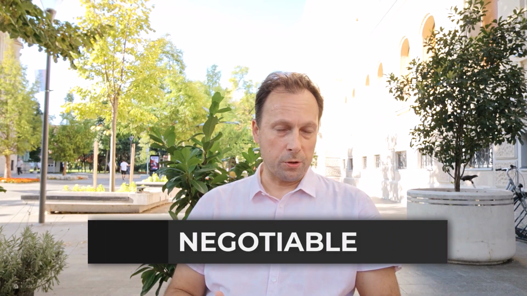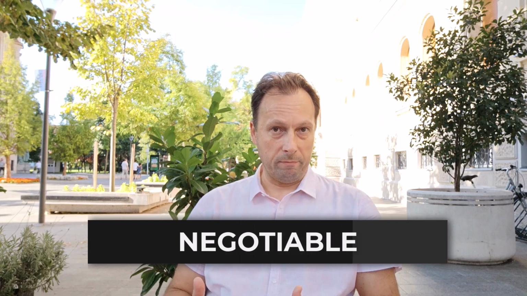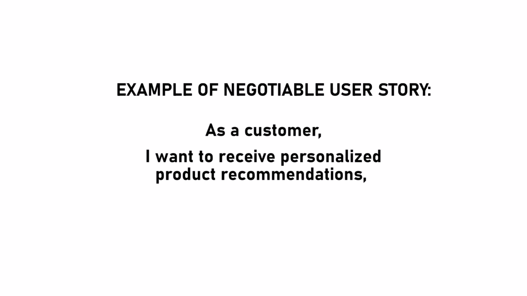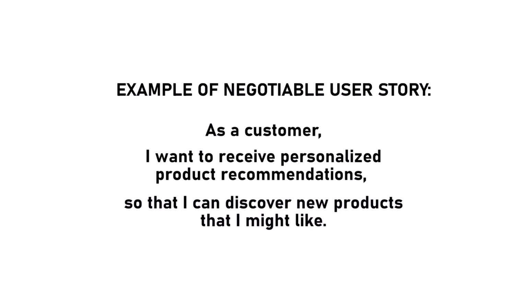Next is negotiable. Negotiable user stories are open to discussion and can be modified as needed. This flexibility allows for collaboration between stakeholders and helps ensure that the final product meets their needs. Example: as a customer, I want to receive personalized product recommendations so that I can discover new products that I might like.